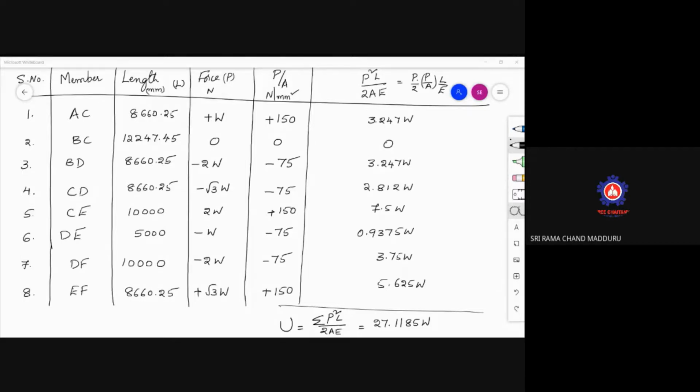Gautami, your answer is 28.1185. Please check it. Is there any mistake from my side? I will correct it. Is it the same for everyone? Let's take the response from others also, then I will continue.